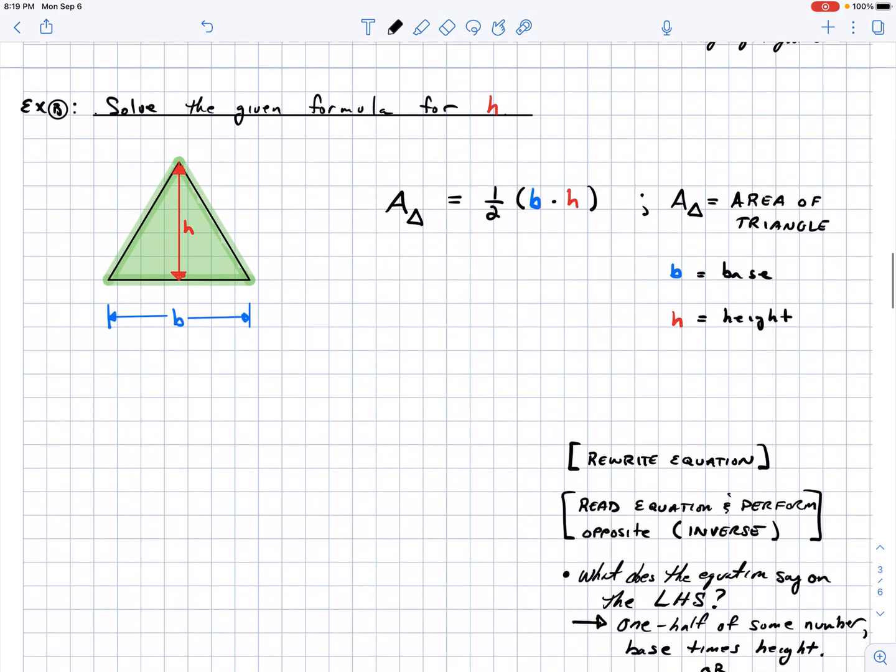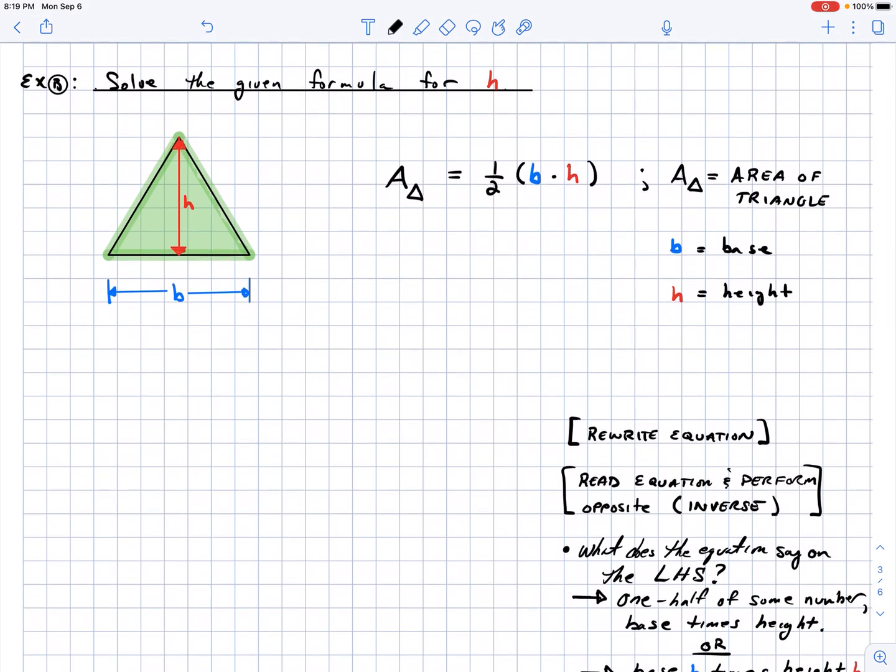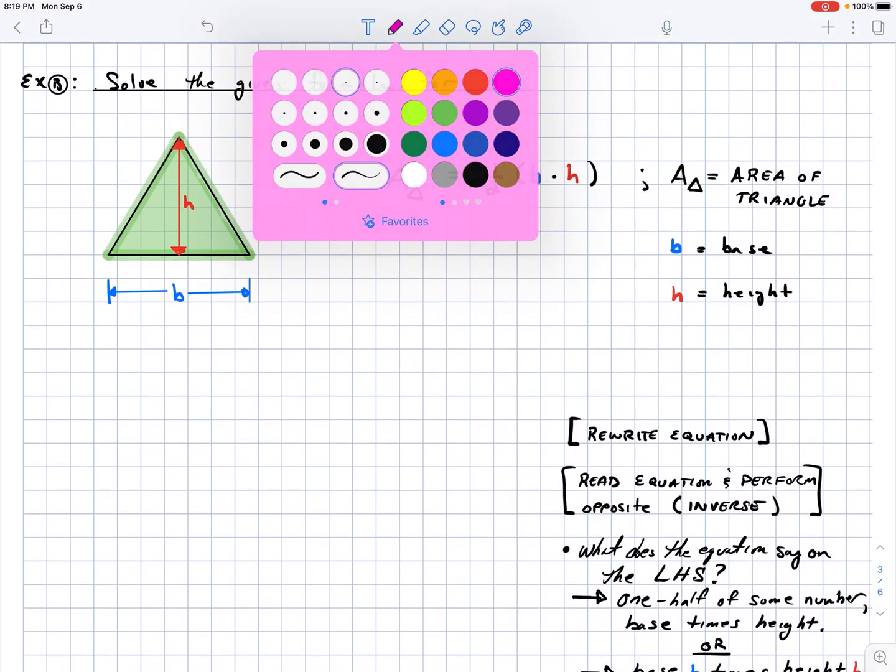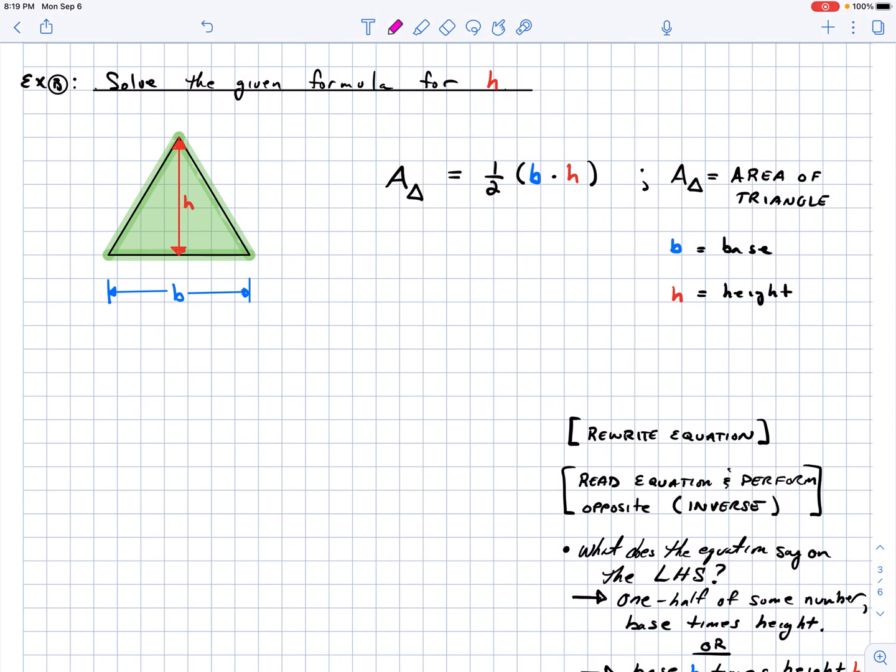The second example I have here is the area of a triangle, and I thought it would be nice because it gives me a little bit of time to remind you about a little thing real quick. If I take any number and divide by 2, remember, that's taking 1/2 of that number. If I take any number and divide it by 3, that's like taking 1/3 of that number.